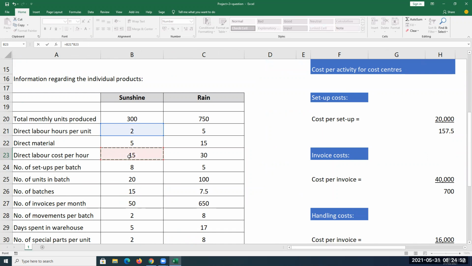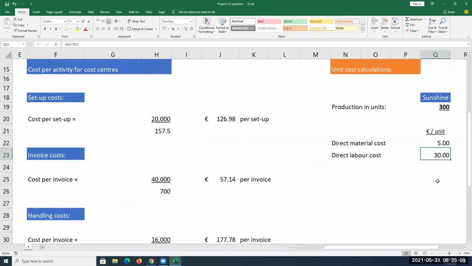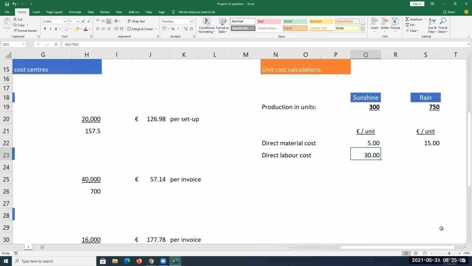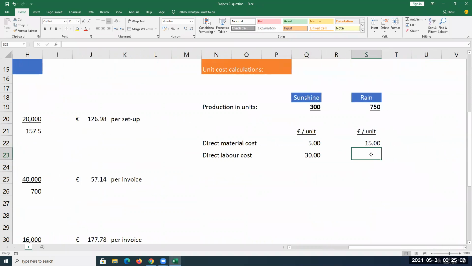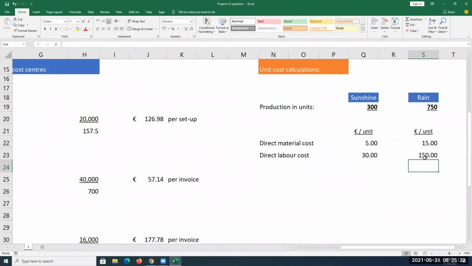Multiply by €15. I will get €30 is the cost to make 1 unit. Same for the other product. For the rain product, we need 5 direct labor hours. Multiply by what is the rate, wage rate? 30. So it's 150. So this is the direct labor cost.